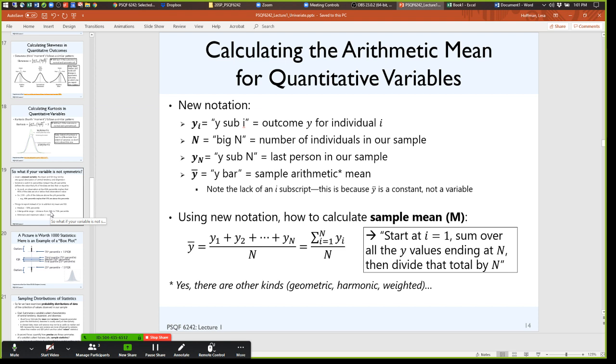Besides variance, what's another way you can talk about dispersion, a way that might be preferable if your variable is not symmetric and it's kind of screwy looking? Interquartile range. Yeah, IQR is how that's abbreviated. That's the difference between the 25th percentile and the 75th percentile.